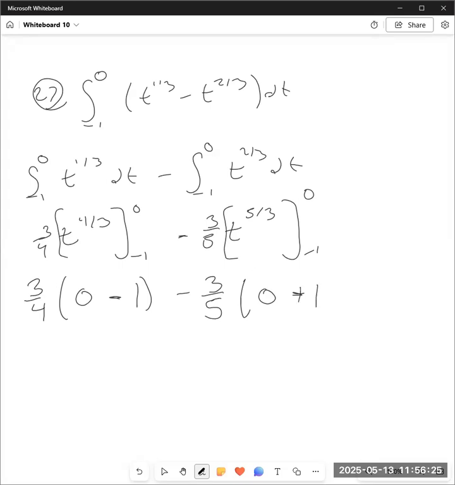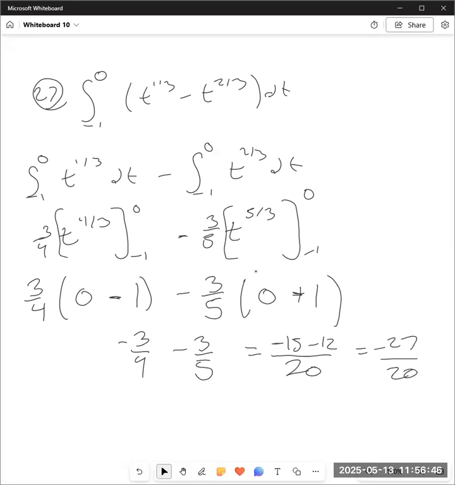So a -1 is a +1. So that's going to be -3/4 minus 3/5. It's going to be -15 minus 12. So that's a -27 over 20.